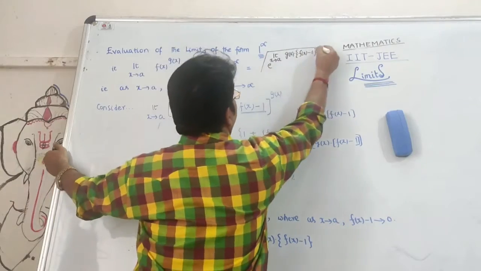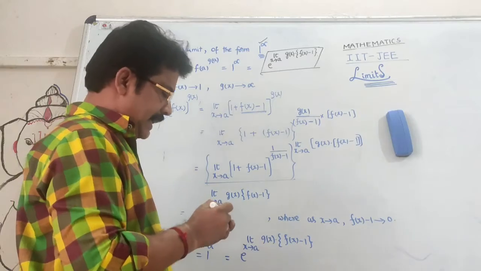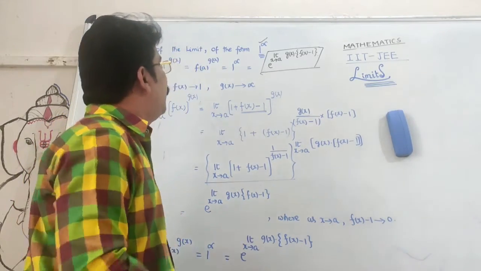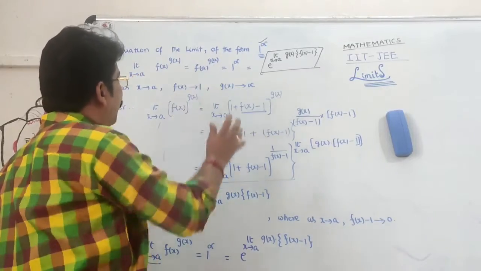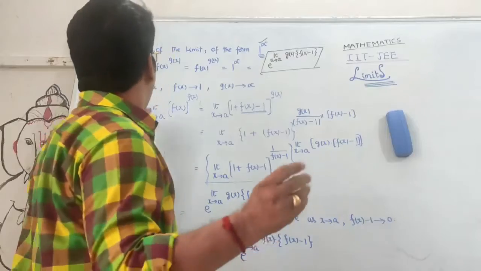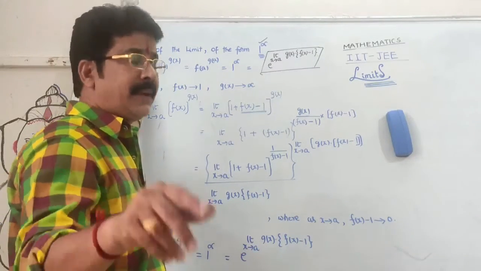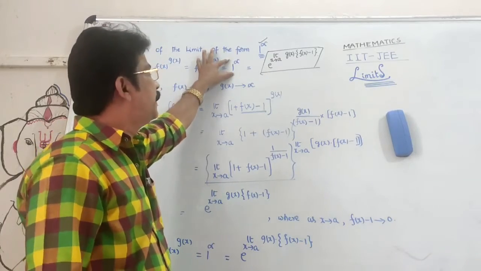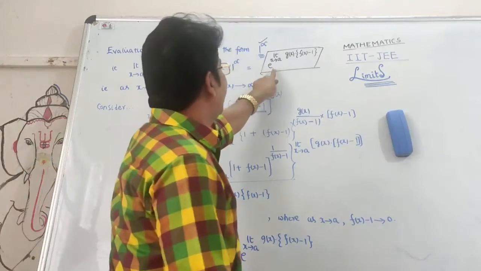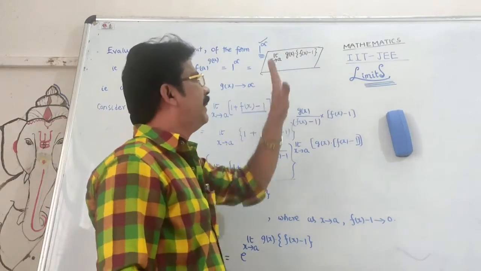This is the standard result for the form 1 power infinity as x tends to a, if the given function is of the form f of x whole to the power of g of x. Simply what I am telling is that when we substitute directly x equal to a, if we obtain the form 1 to the power of infinity, then directly we can take its answer e power limit x tends to a, g of x into f of x minus 1.